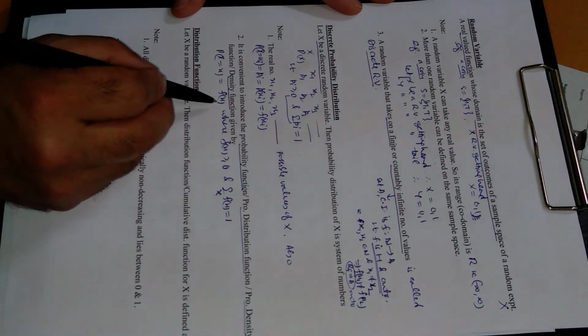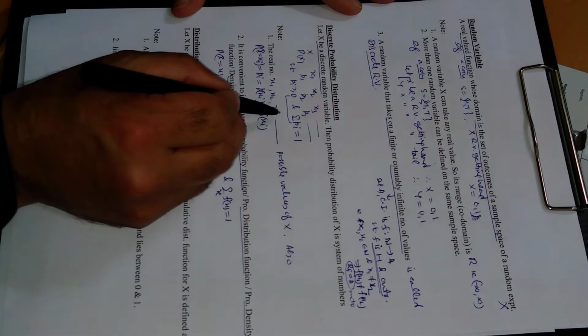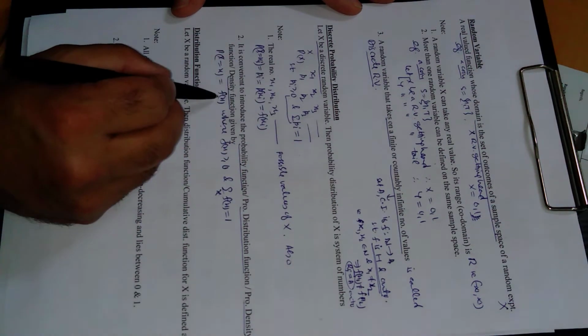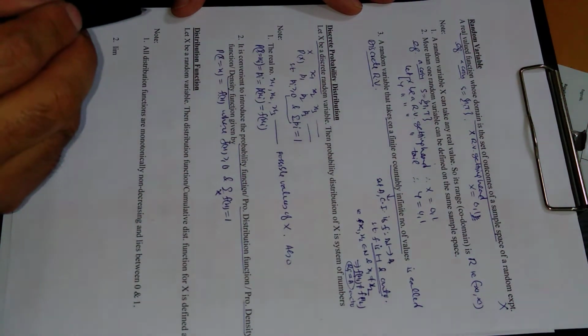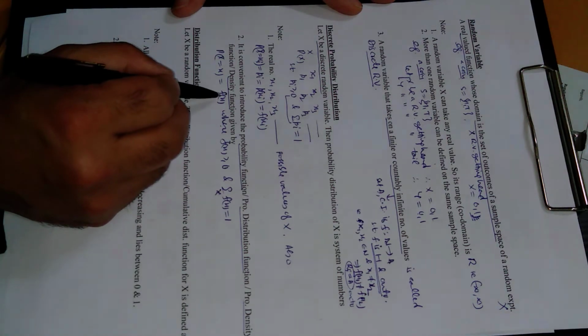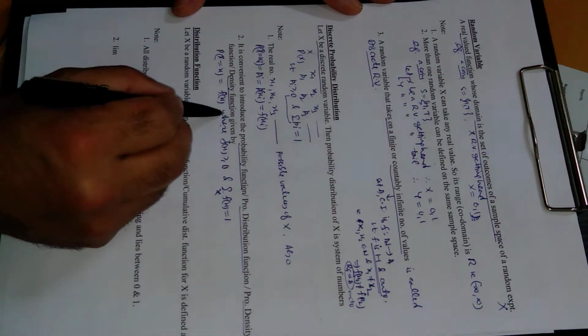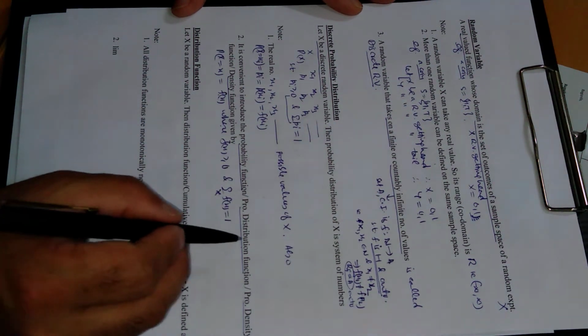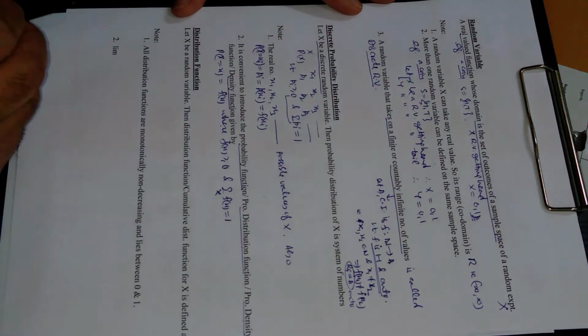This is just like the previous one, instead of pi I am writing simply f. The density function is always denoted by small f.